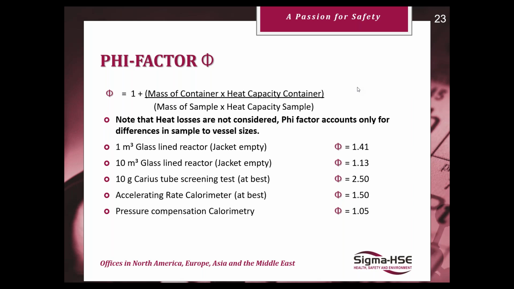So phi factor is just 1 plus the mass of the container times the heat capacity of the container, divided by the mass of the sample times the heat capacity of the sample.